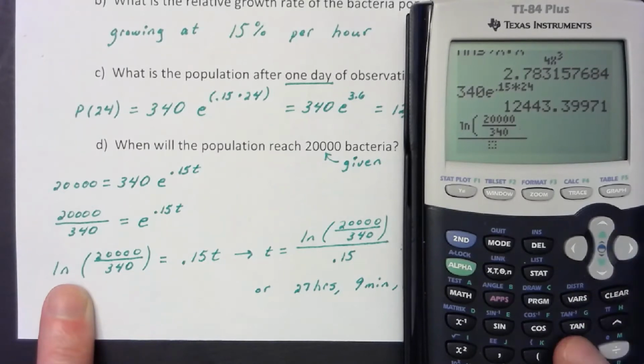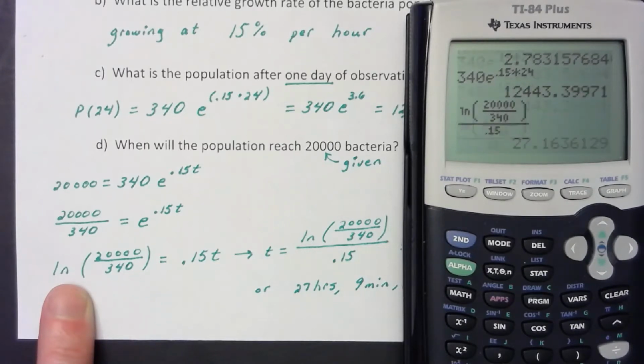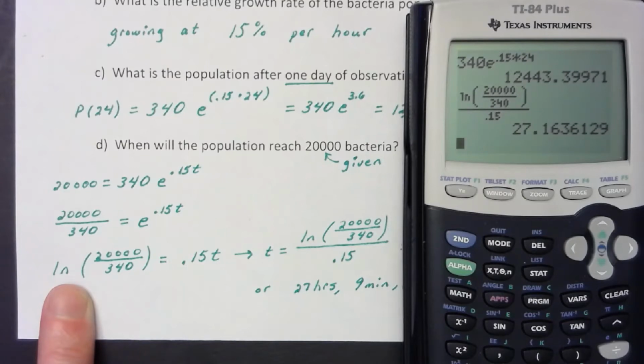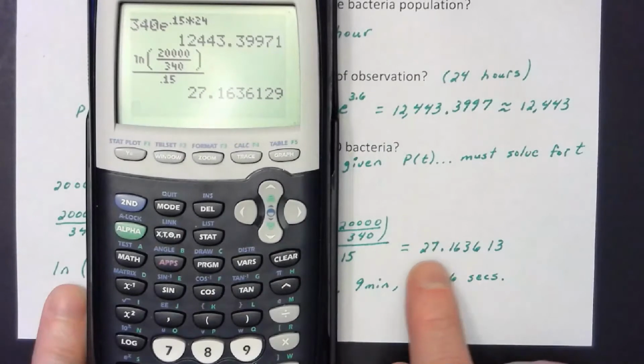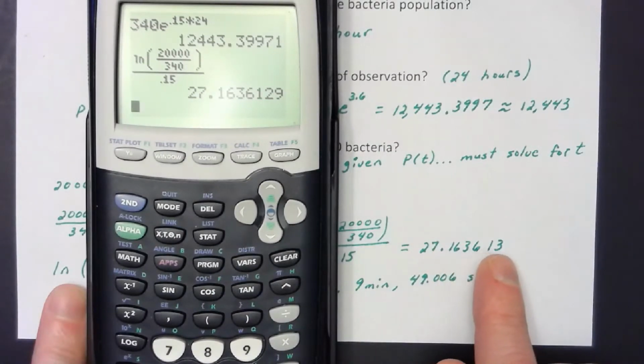I'll close out that natural log. We're dividing that by 0.15, and I can see, okay, 27.1636, and so notice over here 27.163613 is our nice answer.